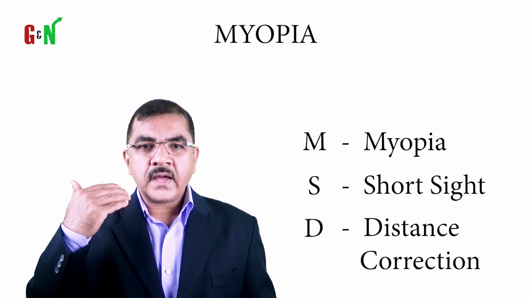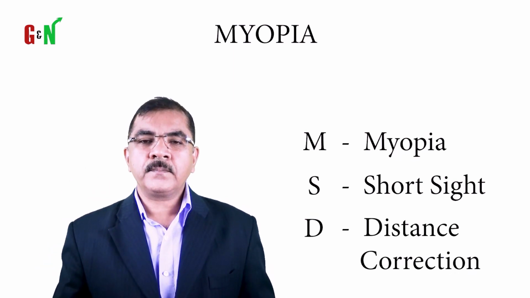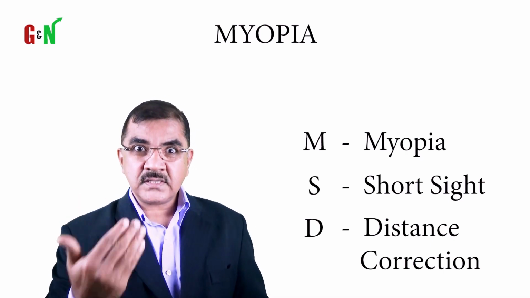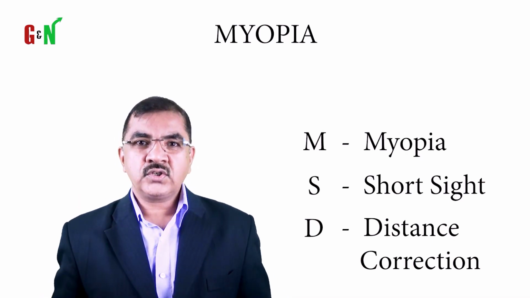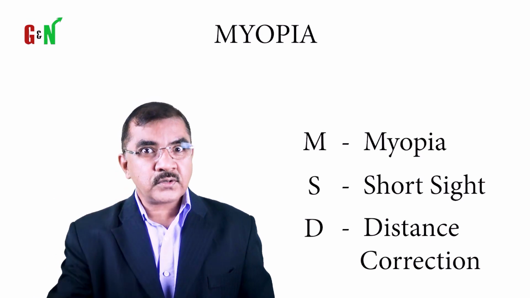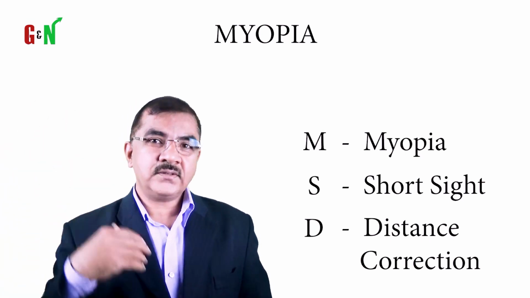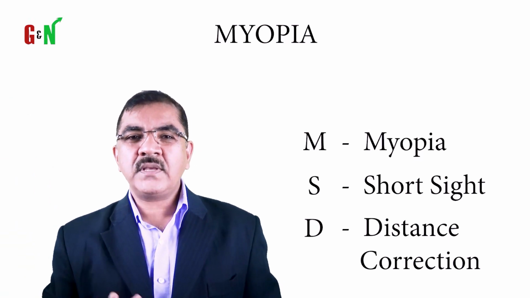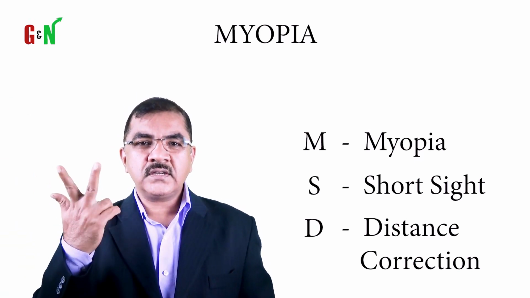So those who have myopia will have short sight. They are able to see something which is at short distance. Long sight? No, there is a problem. So this is very simple. MSD, myopia, short sight, distance correction.